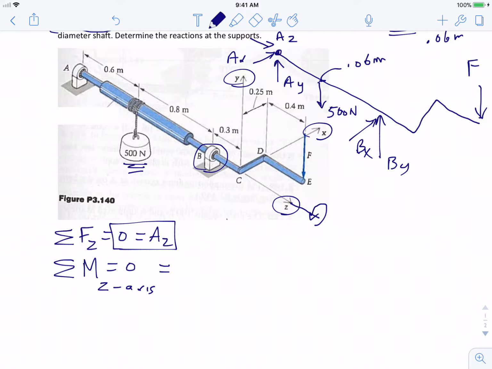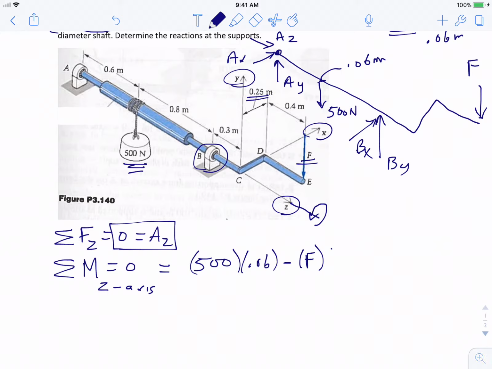So let's start noting that down. We would have 500 newtons, and we would have the distance of 0.06 that we already described. The second thing that we would have is this force over here on the side pushing down, and that's going to cause rotation in the opposite direction, so that will be minus this unknown F, and the distance involved here is 0.25.